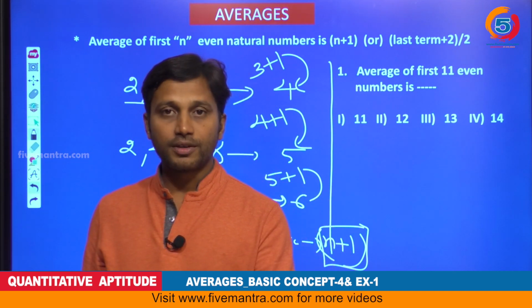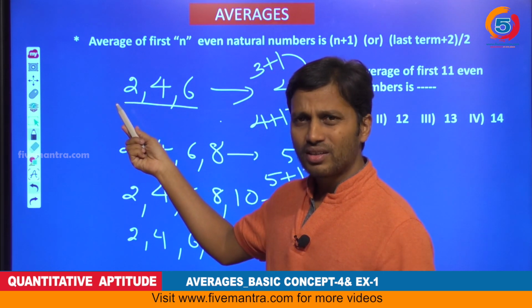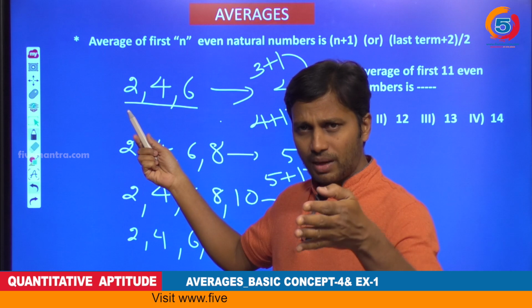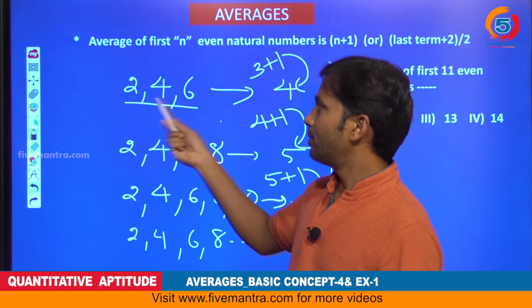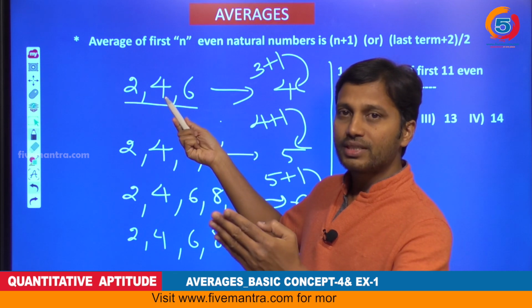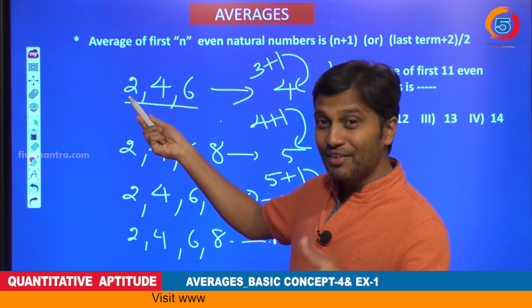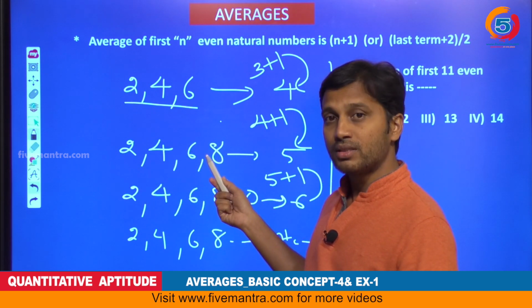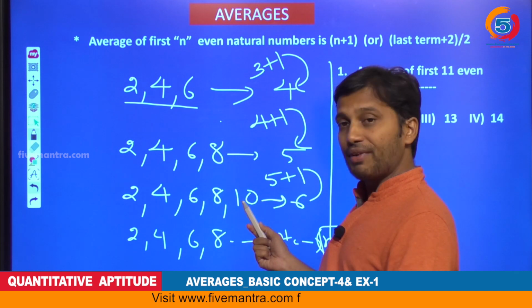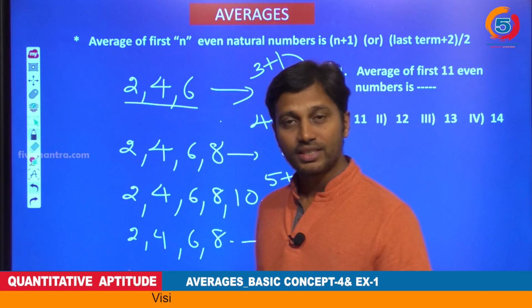And if you carefully observe, these even numbers are given from the beginning, where 2 is the smallest even number, and from there onwards consecutive even numbers are given. So can we call these the first 3 even numbers, first 4 even numbers, first 5 even numbers, like that, first n even numbers?